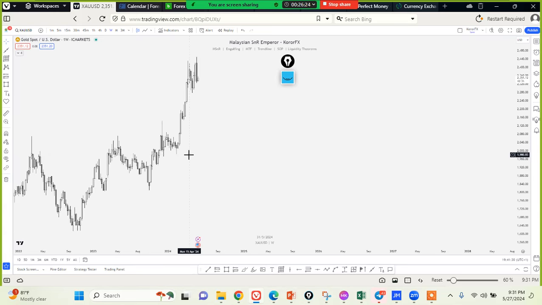There is candle closure confirmation of continuation or rejection. If the price respects the gap SNR and rejects it, then the storyline is over, so we have to exit the trade. But if the price breaks above or below the SNR level with a body closure, that means the storyline is still on.